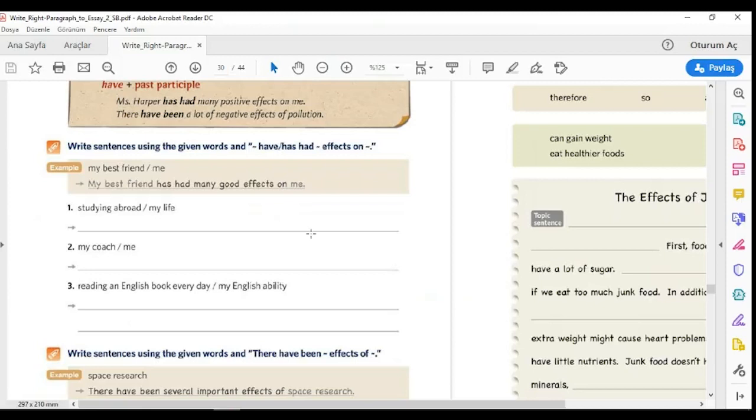So the key here is that it will be has had. So my best friend has had many good effects on me. Studying abroad has had positive effects on my life. Okay. You can write these three down.